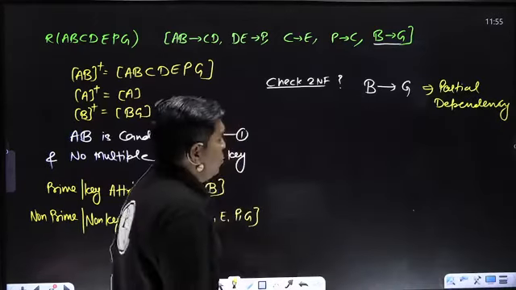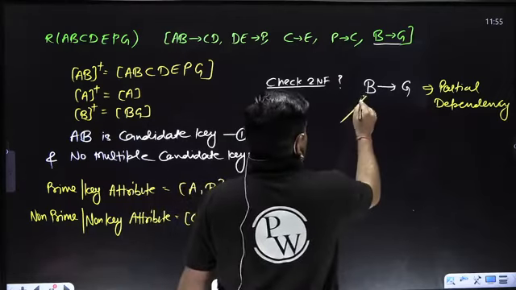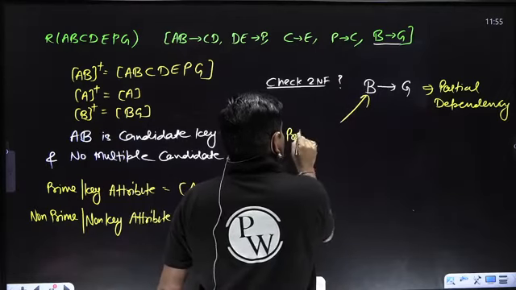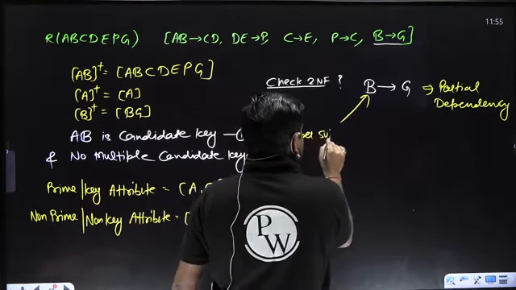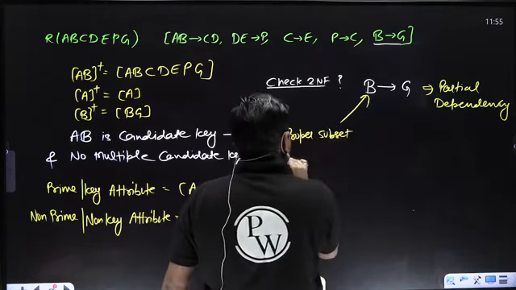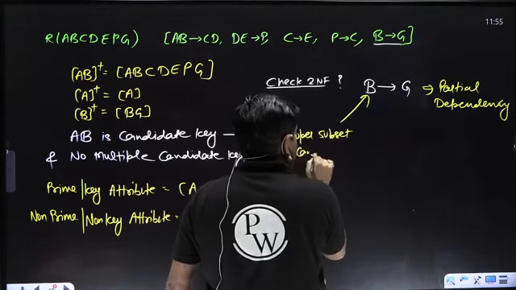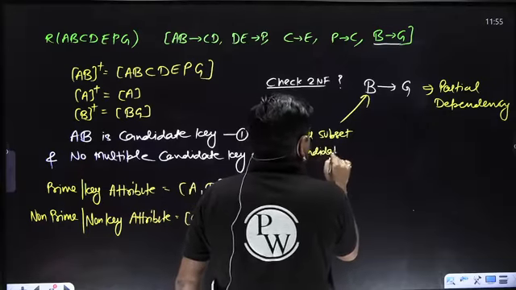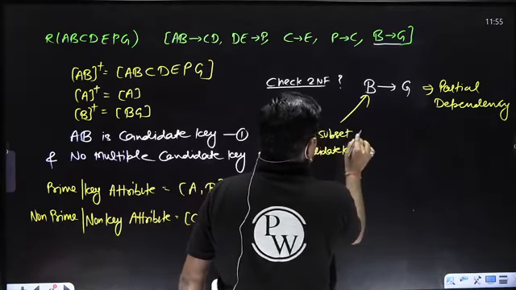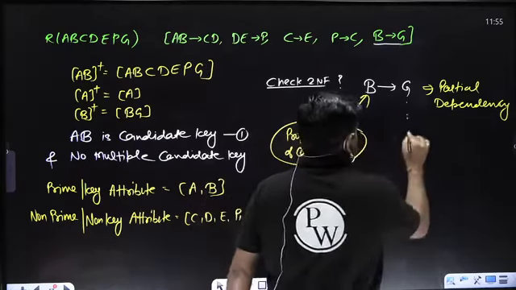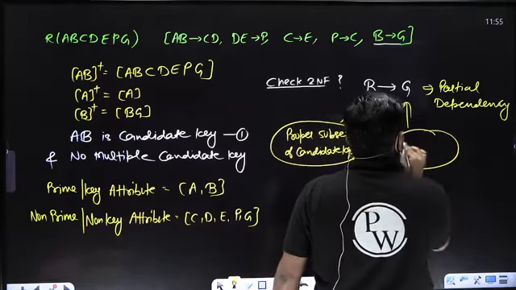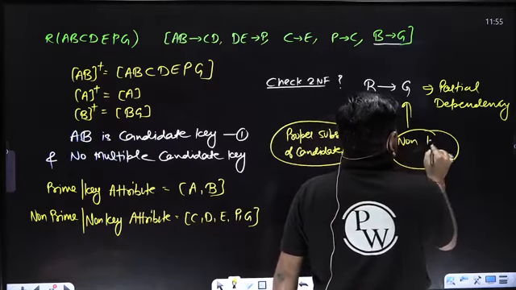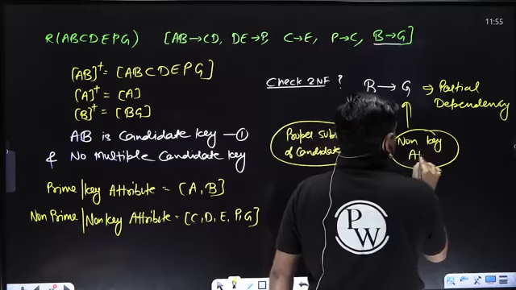Why? Because B is a proper subset of the candidate key, my dear student. And G is what? A non-key attribute.